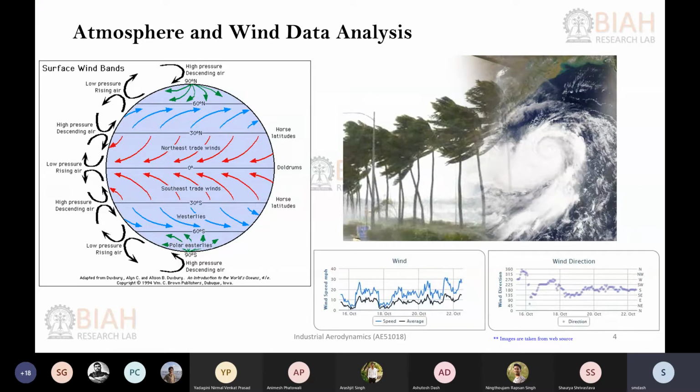So we will be looking into what wind condition is actually there in the atmosphere, how we gather the data, and how we can get meaningful information from that data. So this will be mostly the first chapter, atmosphere and wind data analysis.